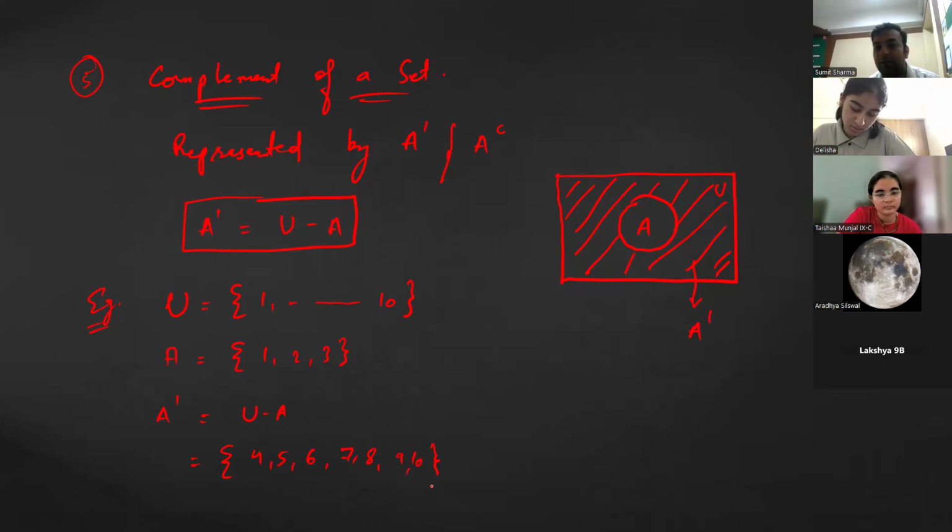These are all the elements of U except the elements of A. So this is how we write the complement of a set. I hope it's clear to everyone.